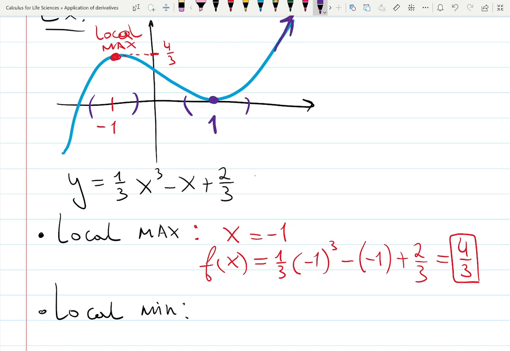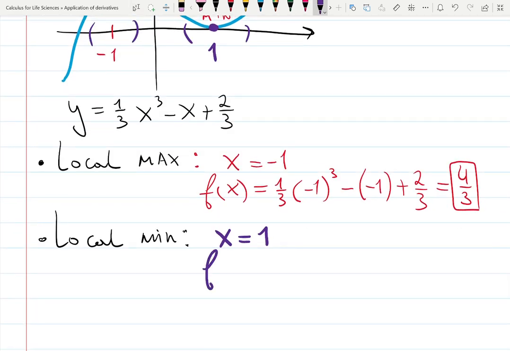Locally, it was a mountain. Locally, there is a pit. Local minimum. So let's find it. I claim that this is x equals 1.